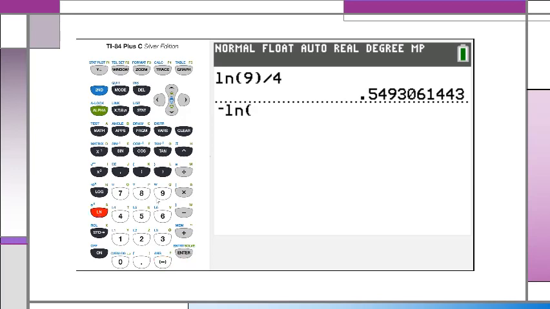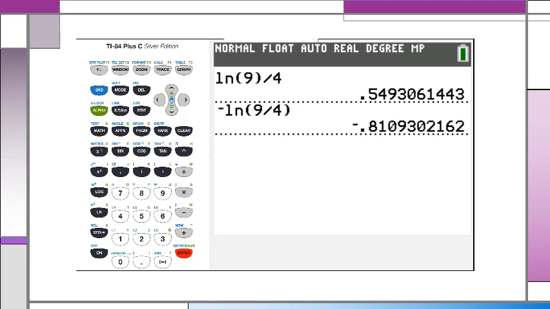It brings up the parentheses, and I simply put 9 over 4, close the parentheses, and hit enter. I'm expecting to get negative 0.8109. Let's see. Yes, negative 0.8109. All right, just a brief demonstration using the calculator to finish the computation involving natural logs.